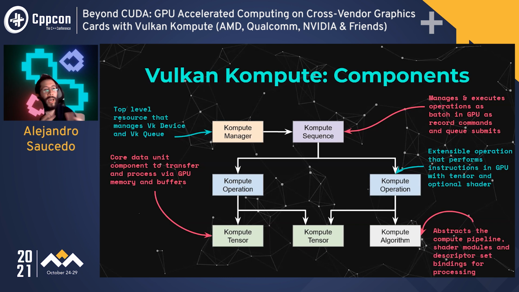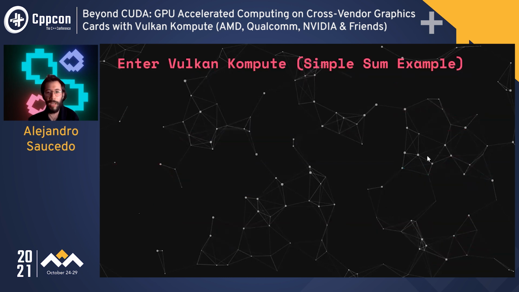So you can see here that we have abstracted some of the core underlying components into higher level compute specialized terminology that we're going to be leveraging as we actually delve into the examples.